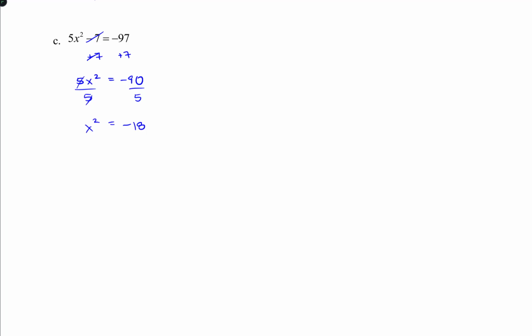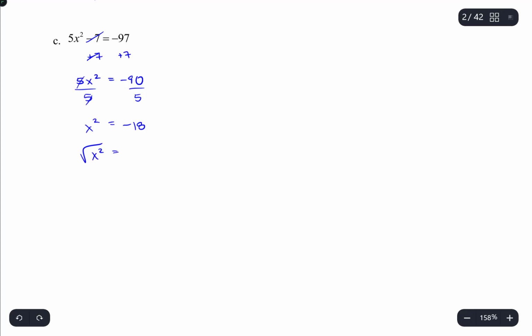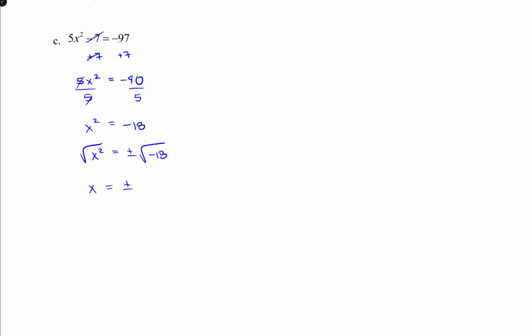Now that I have the square by itself, I can take the square root of both sides. So the square root of x squared equals the plus or minus square root of this constant value over here, or x equals plus or minus, the negative can come out as an i, and then we have 18.